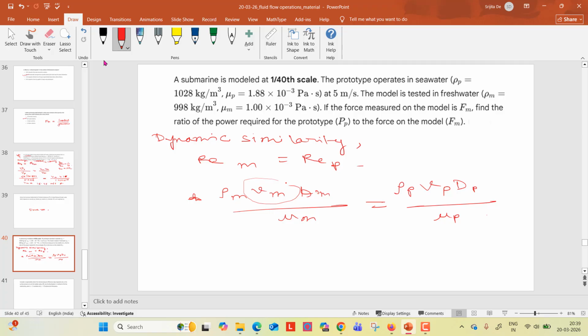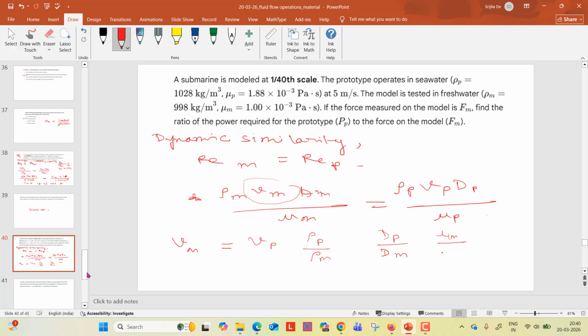The submarine is modeled at 1/40th scale. Okay, so you need to calculate the model velocity first to know the model pressure, right? So model velocity Vm will be Vp into rho p by rho m into dp by dm and mu m by mu p.